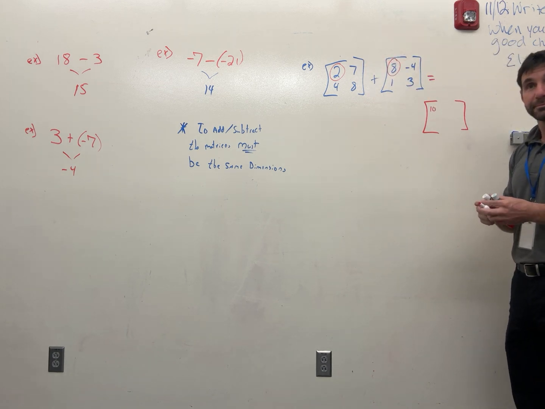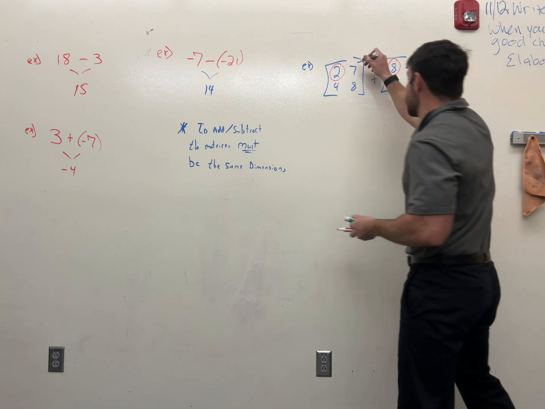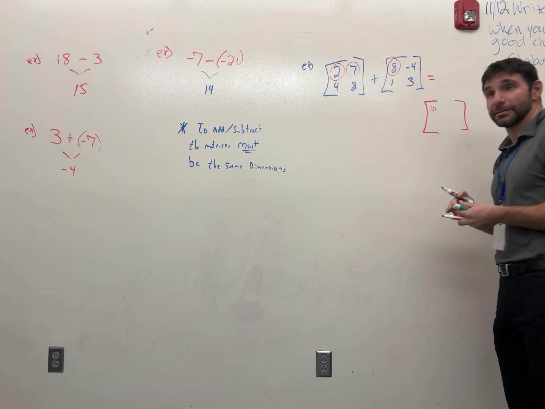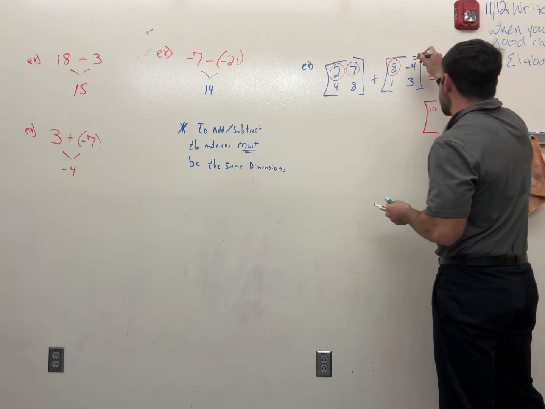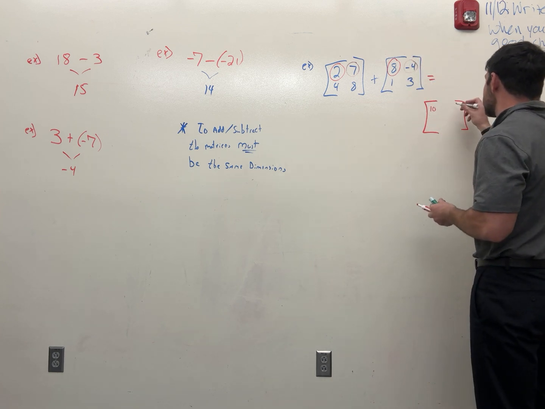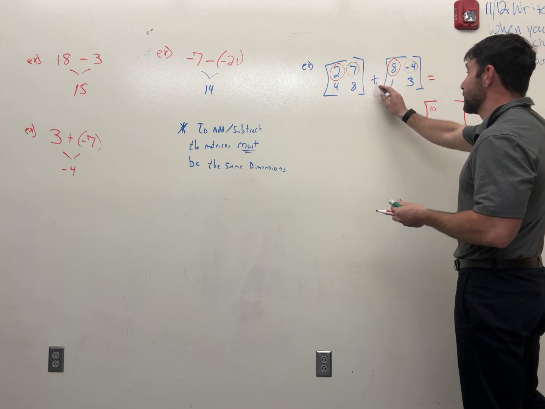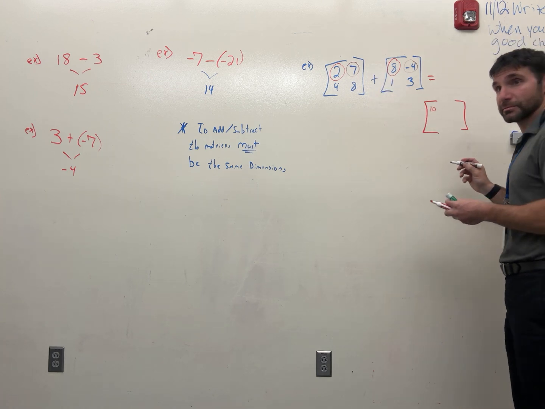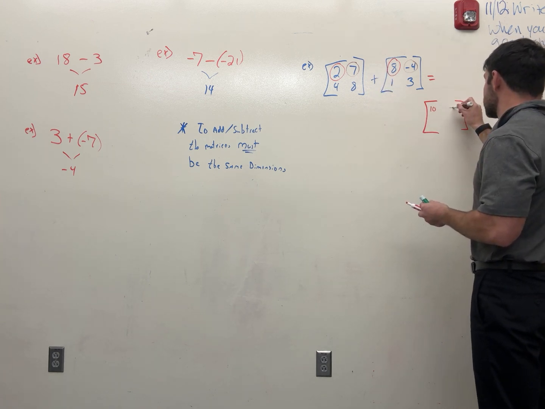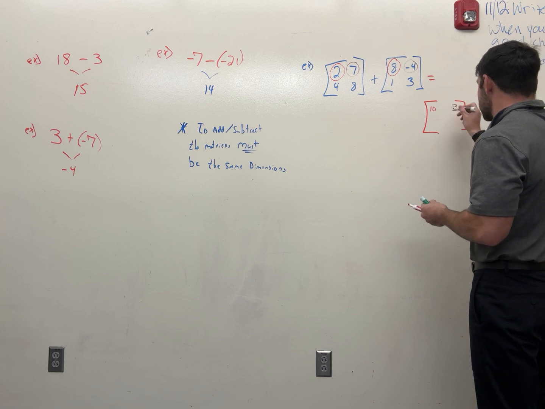Okay. Then we go to the 7. And? 7 plus a negative 4. Use your calculator. Where am I getting the plus? Right there. Positive 3. Okay.